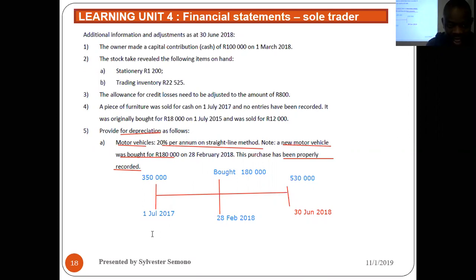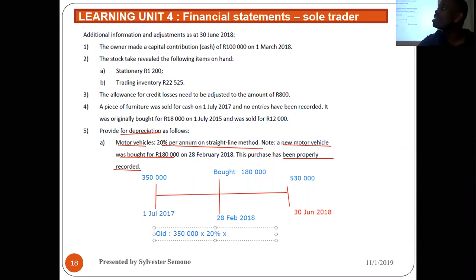Now, let's start our calculation. We're going to start with the old one. The old motor vehicle is how much? 350. Which method? Straight line method, times how many percent? 20%.